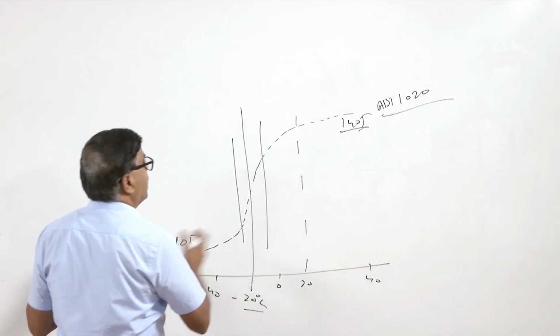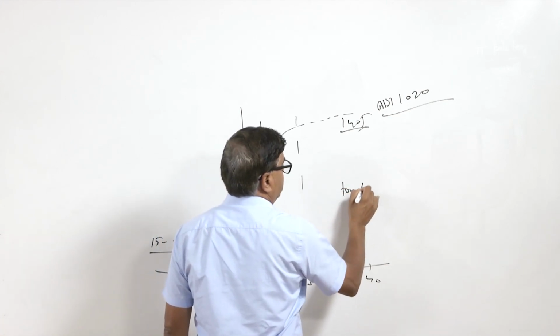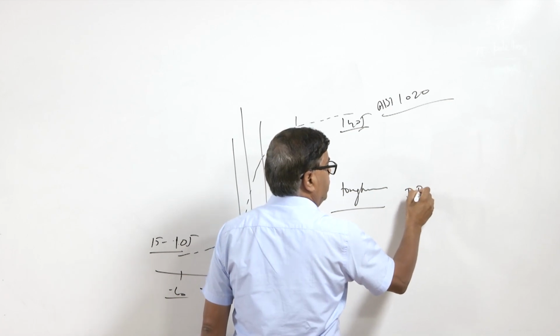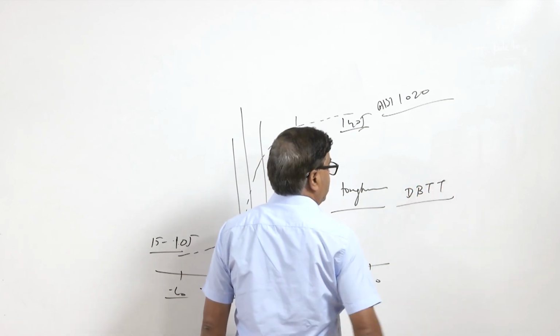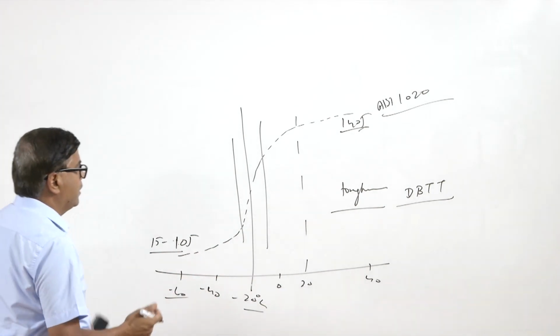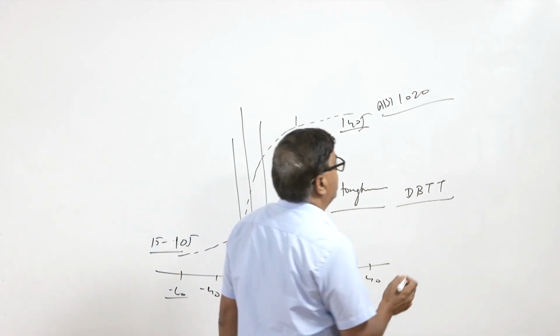Such a large drop in the impact resistance or the toughness of the material is termed as the ductile to brittle transition temperature. And when it happens, we will see a lot of variation in terms of the fracture surface morphologies.